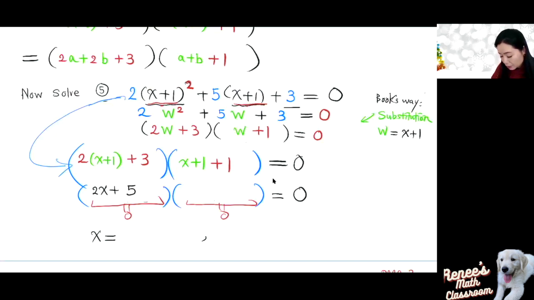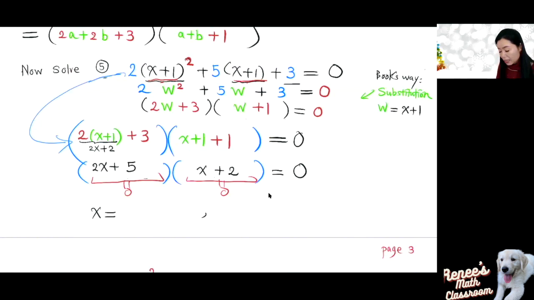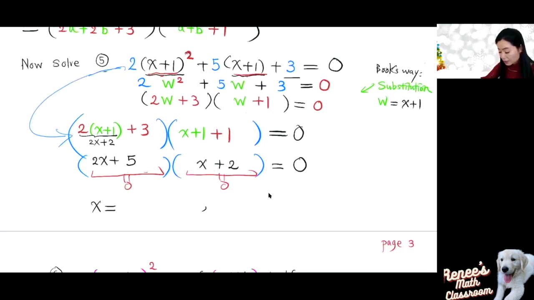So this is 2x plus 2, and 2 plus 3 makes 5 over here. And for this one over here, we get x plus 2. Now we got this side to be 0, and these two multiplied give 0. So either this factor is 0 or this factor is 0. So we have either this equal to 0 or this equal to 0.